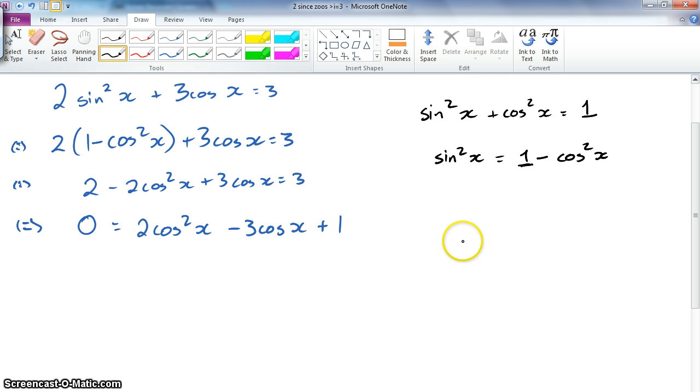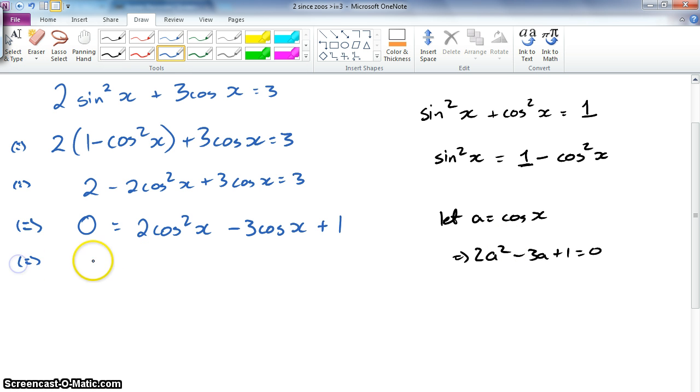Now hopefully you can all see how to factorise that. Remember, if you're not sure, you can add in this little extra working: let a equal cosine x. So then what I've really got is 2a squared take 3a plus 1 equals 0, which some of you will then find easier to factorise. If you've been practicing your factorising just to make sure you don't lose the skill, then hopefully you can factorise this one pretty easily.